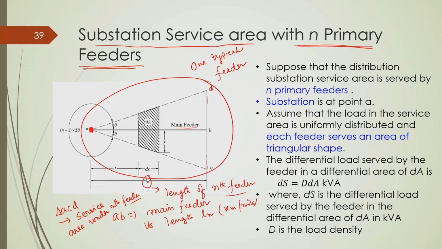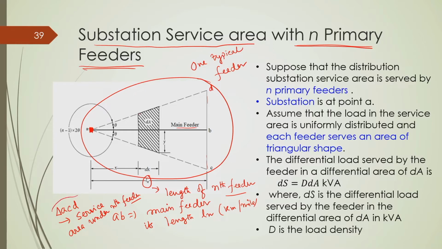So, we have a substation having n number of feeders, the substation is centrally located, load distribution is assumed to be uniform, and one particular feeder, that is the nth feeder, is shown over here. Its service area is the area under this triangle ACD.